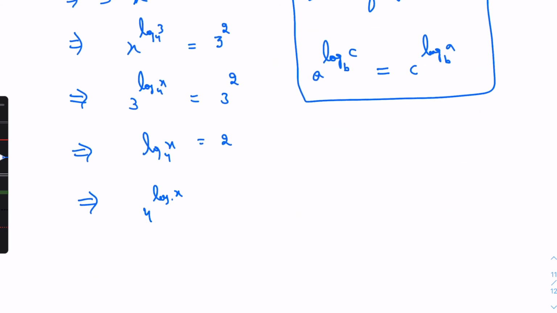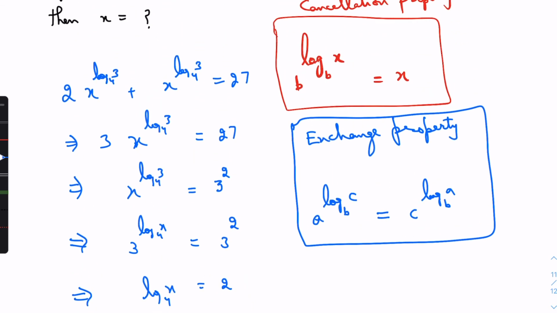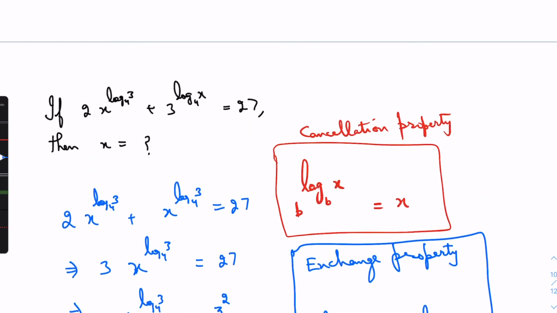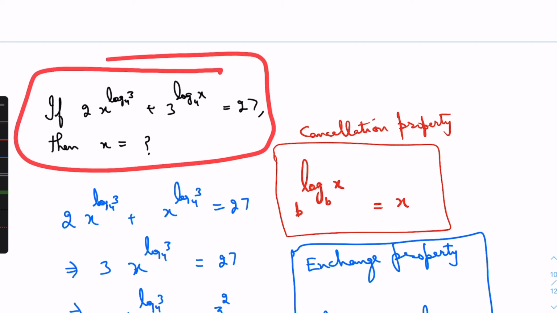So 4 raised to power log x base 4 is equal to 4 raised to power 2. Let me repeat it here. I have just applied base 4 on both the sides. And now this will cancel out. So I'm left with x. And that gives me 4 power 2, which is 16. So that should be the value of x which will fit in this equation. So this gives us the answer to this problem.